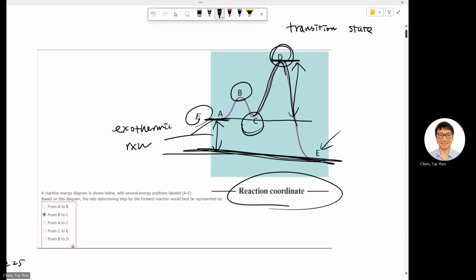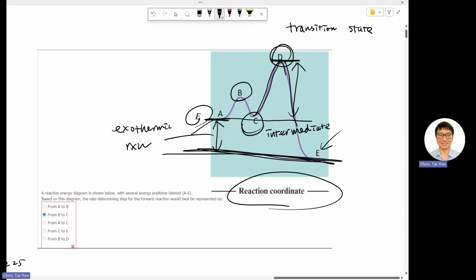What is the name of C? Intermediate, okay. So far, so good.